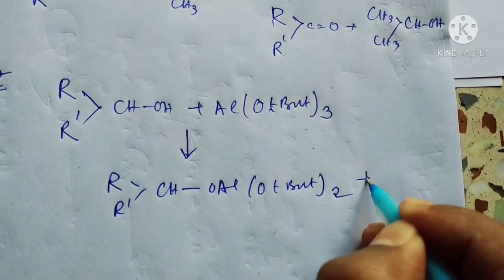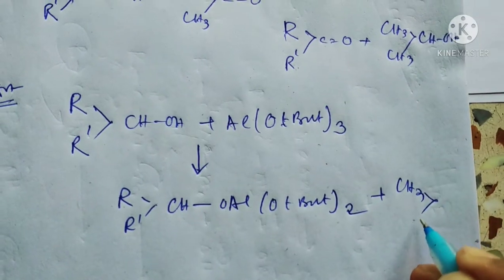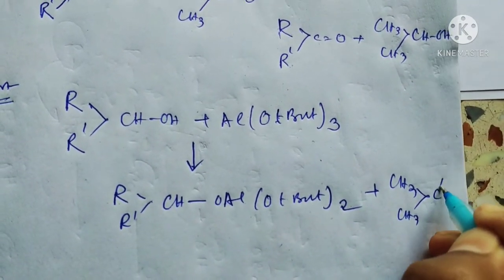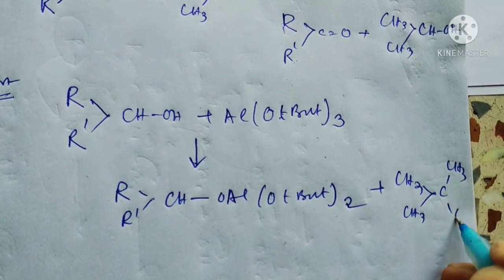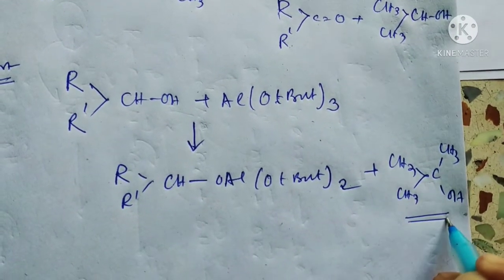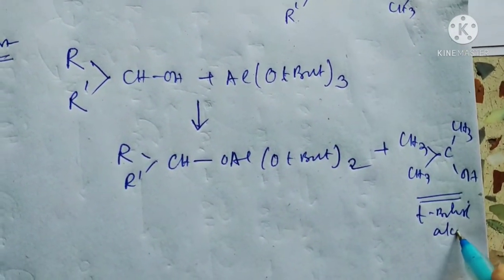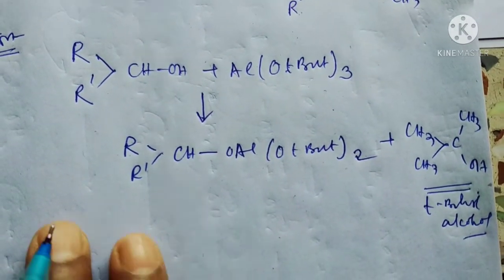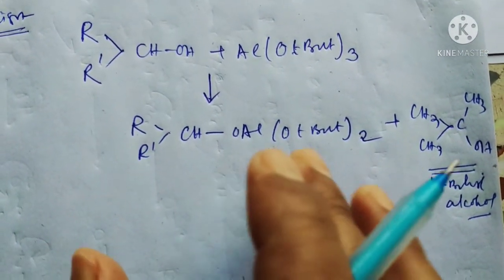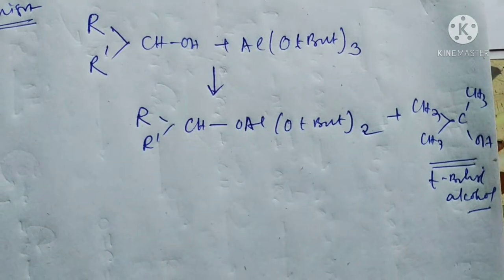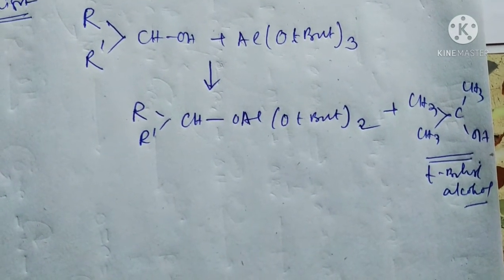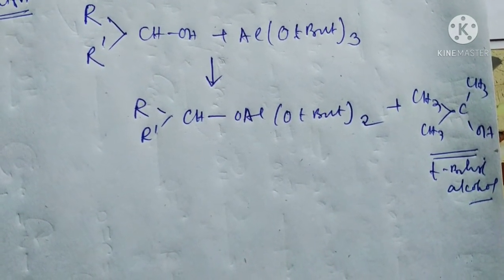And this one forms the tertiary butyl alcohol. Okay, this is our tertiary butyl alcohol. Now in the second step, what happens over here, it forms a complex which actually reacts with the acetone.